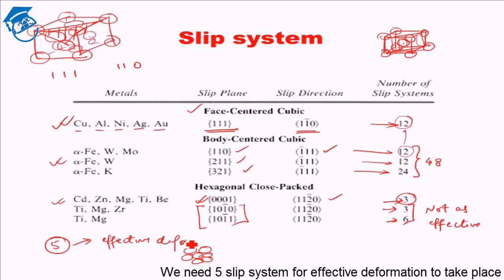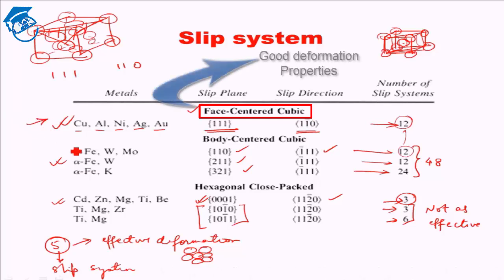We need 5 slip systems. Therefore, FCC can have very good deformation properties. It is easily malleable, it is easily ductile.